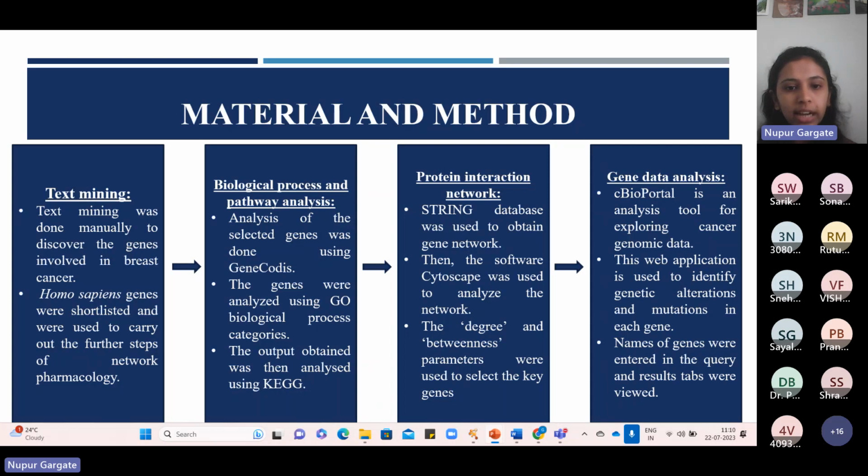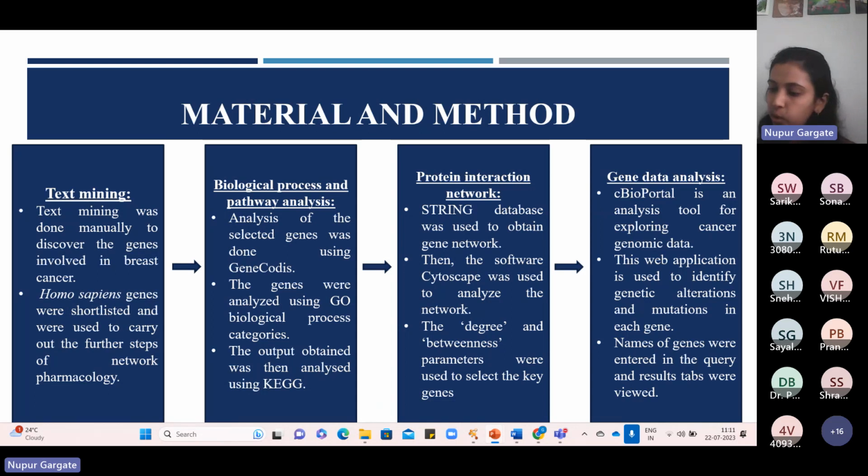And here the genes are analyzed using GO biological process categories, and then they are analyzed using KEGG. Mainly, all the genes which were obtained from text mining, I first analyzed using GO biological process, and then I obtained several genes using this, and all these genes again were used for analysis using KEGG.